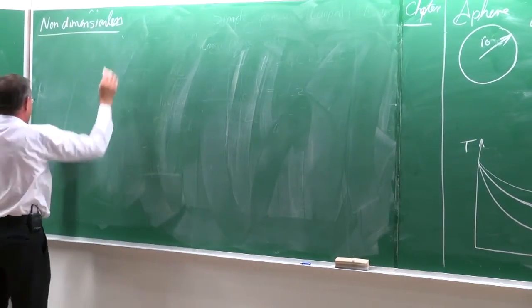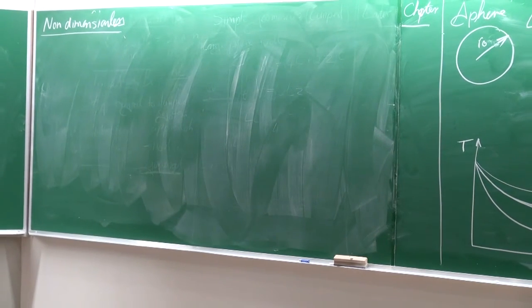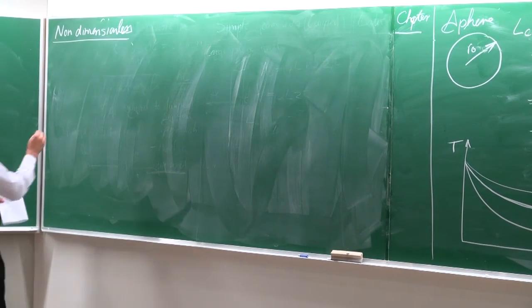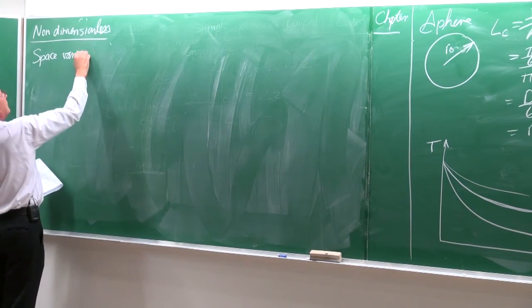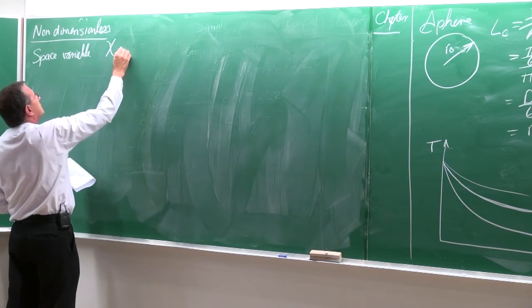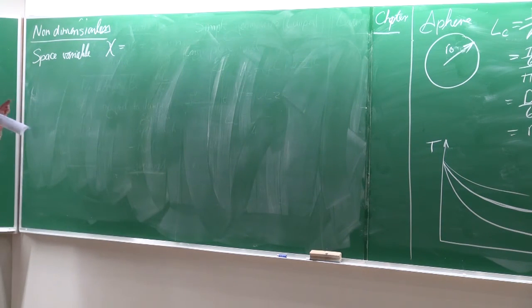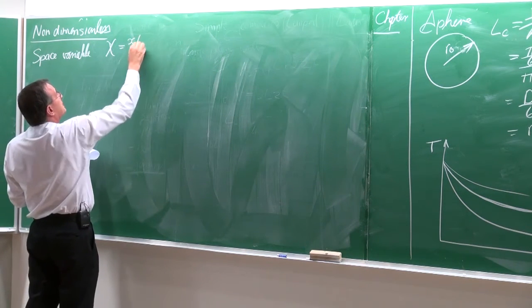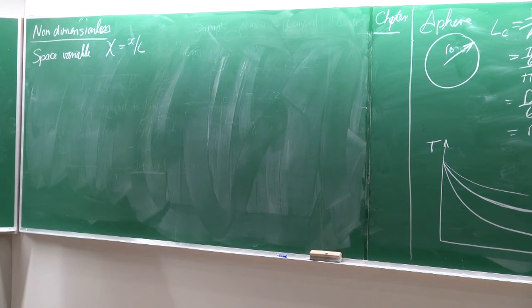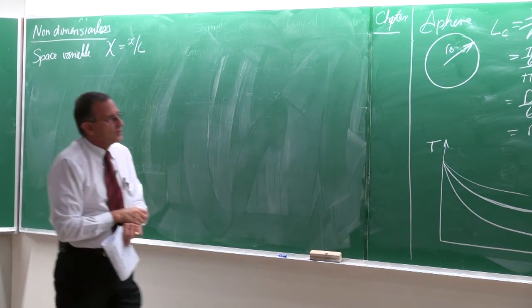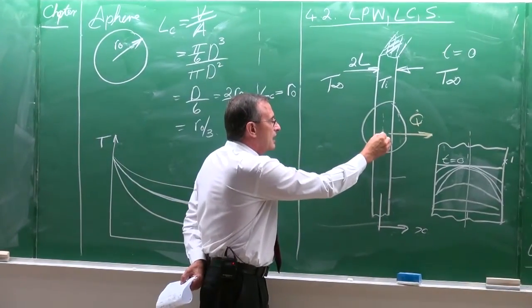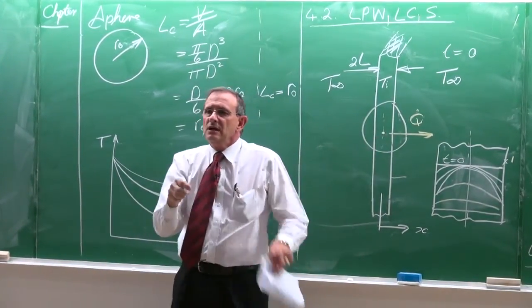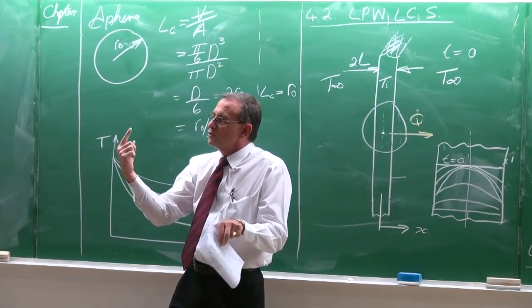And how they do it is, firstly, with a variable which we call a space variable, and that is equal to an X, a sort of italic X. And that X is equal to x divided by L. So if we look at our sketch, at that definition, where x is equal to 0, then x divided by L must be equal to 0.